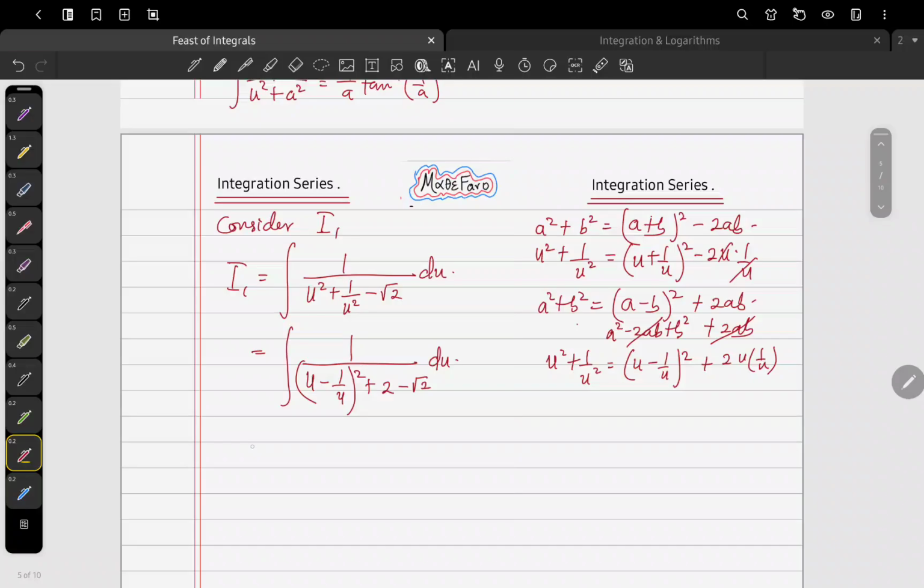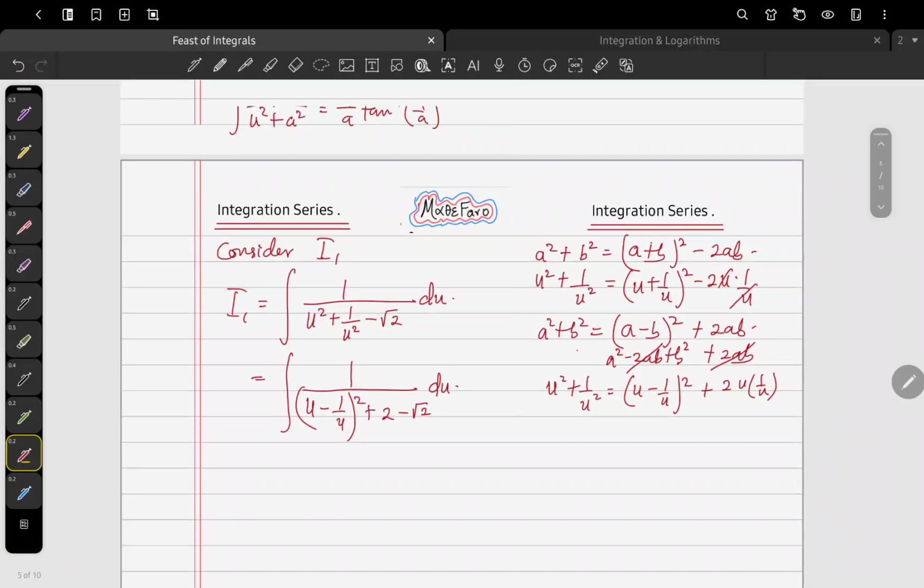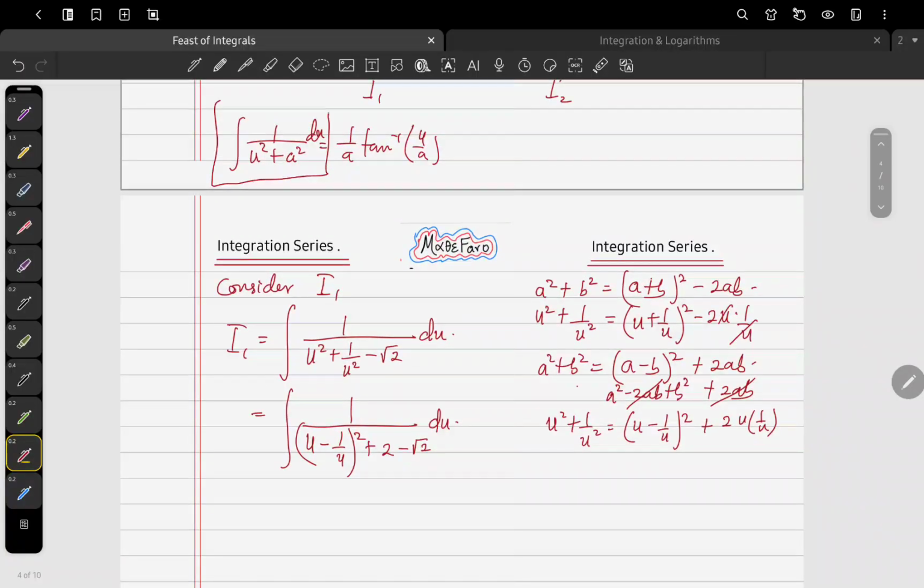So if we replace u minus 1 over u, like I said, this is my target, this is my motivation. I want to write it to look like something like this.